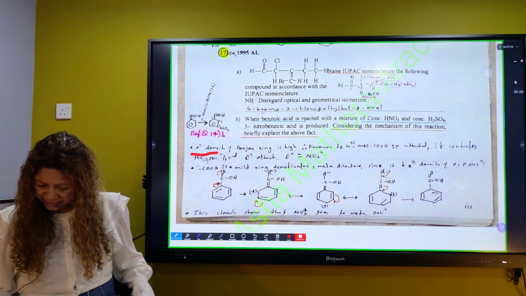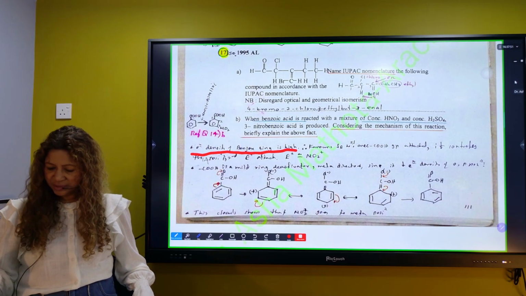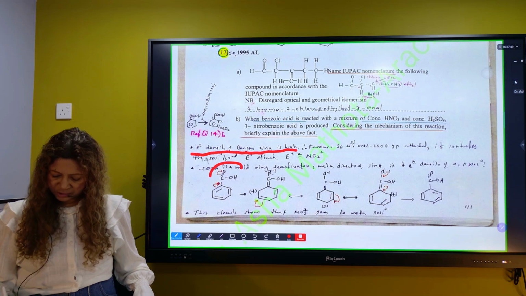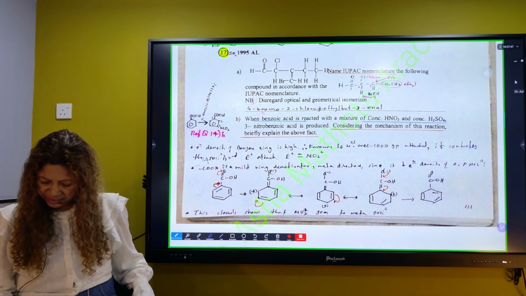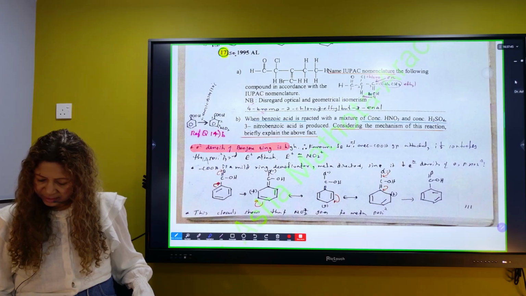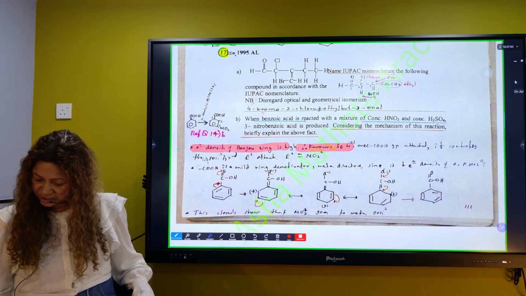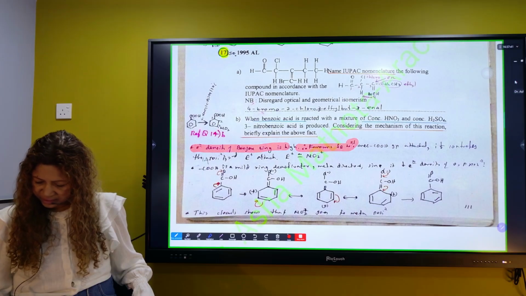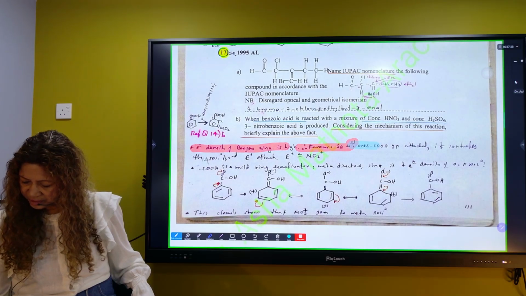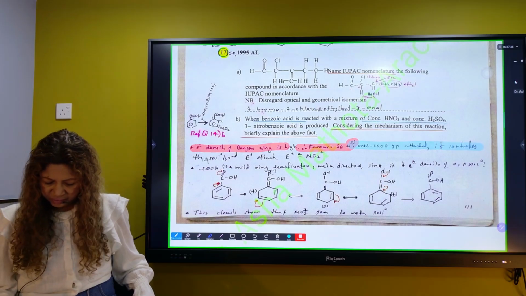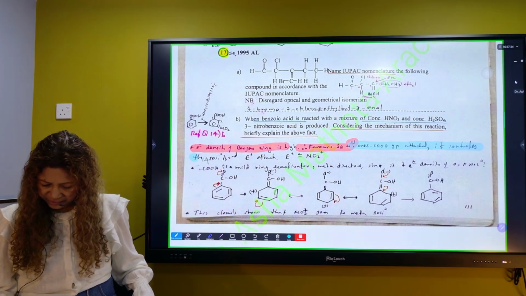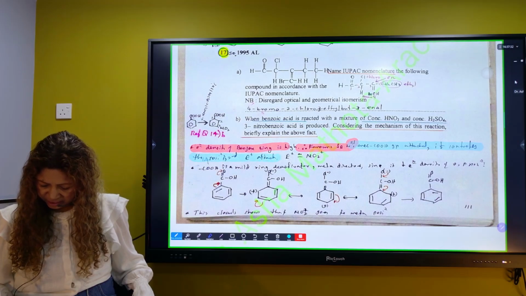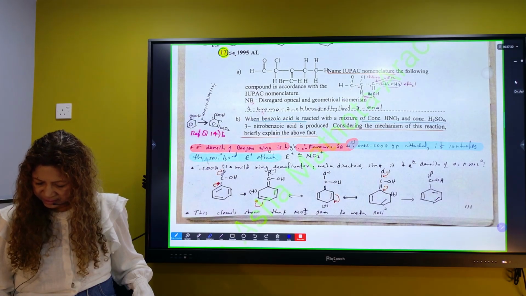Electron density of the benzene ring is high. The only difference is now we are exploring this COOH group. Electron density of the benzene ring is high, therefore it favors electrophilic substitution reactions. Once the COOH group is attached, it controls the position of the second electrophile, and the second electrophile is NO2 plus.